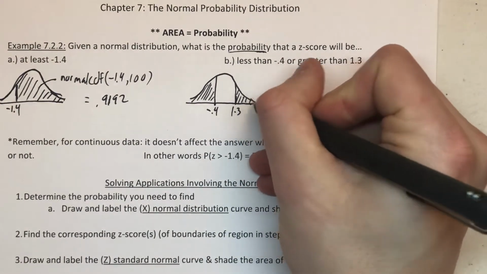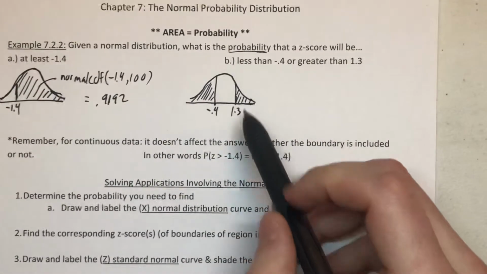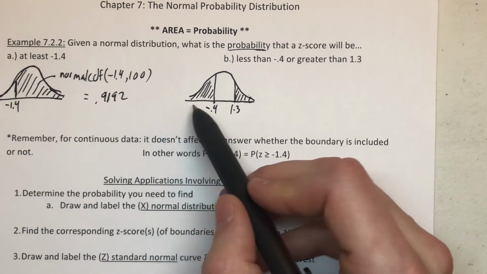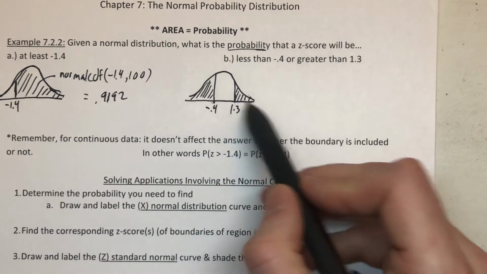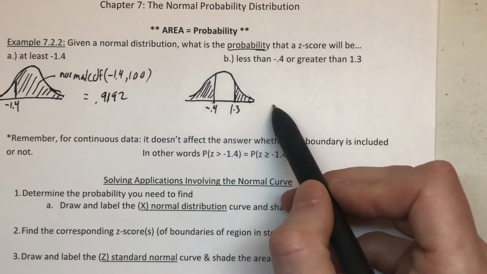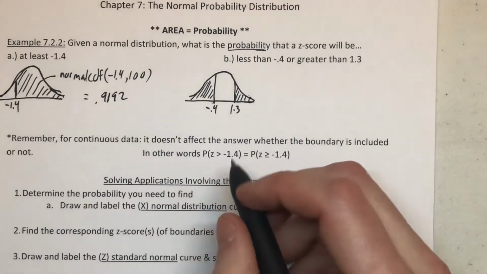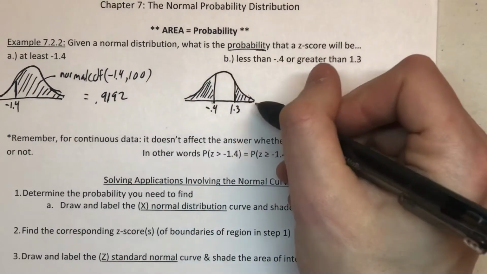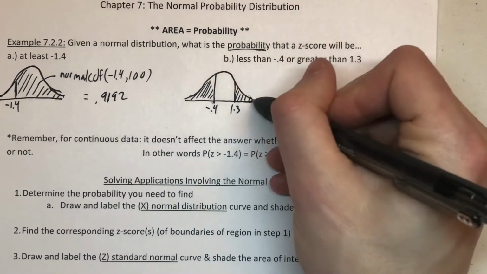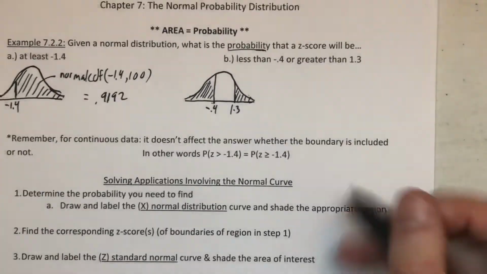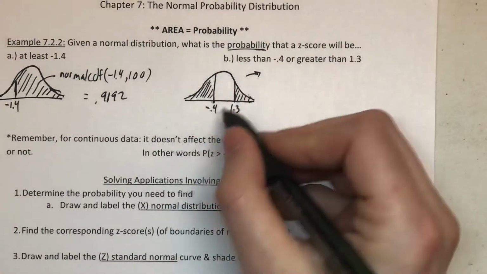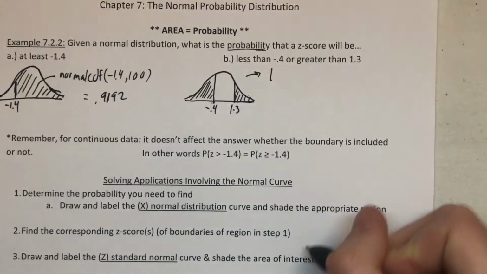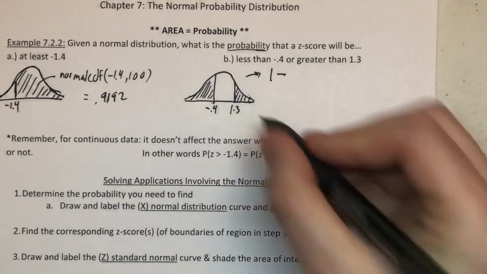Now, I like drawing this picture because we could absolutely answer these as two separate questions. I could make this a normal CDF of negative 100 to negative 0.4, and this a normal CDF of 1.3 to 100. But we could also use to our advantage that we know the full bell-shaped curve has an area of 1. If I want this and I want this, but I don't want that, we could find the shaded area by taking the whole area of the curve minus the part that we don't want.